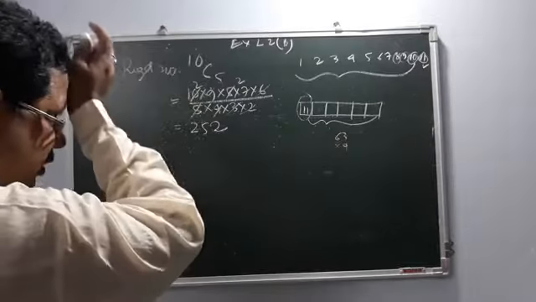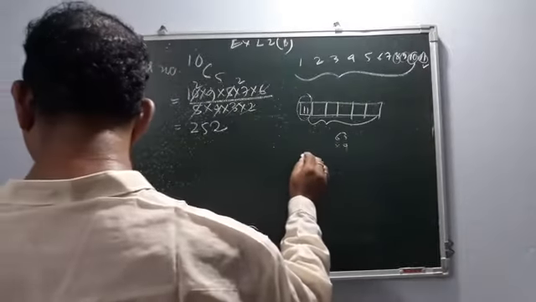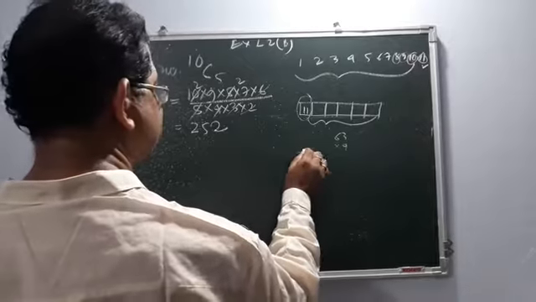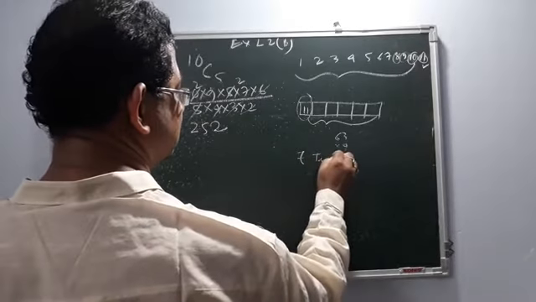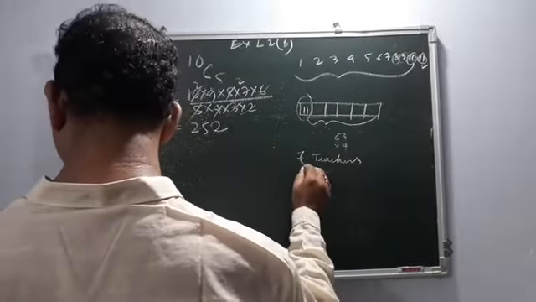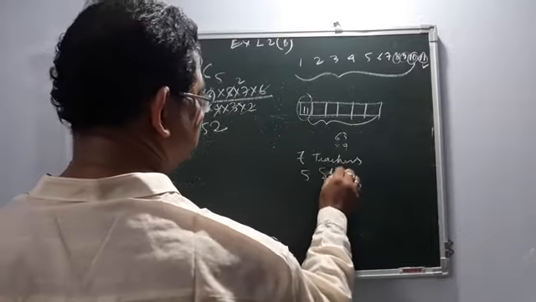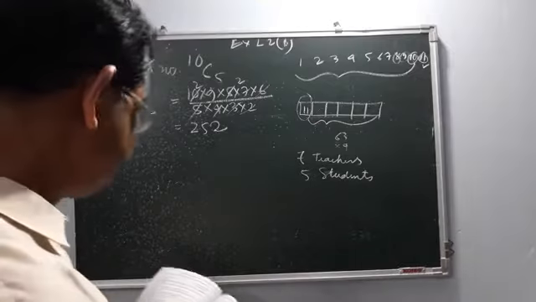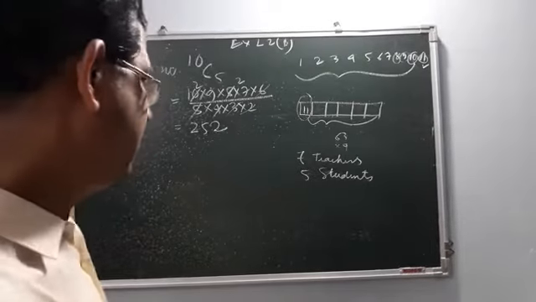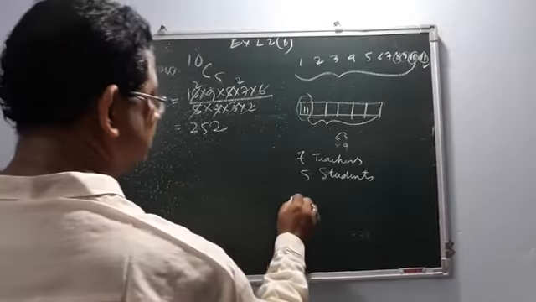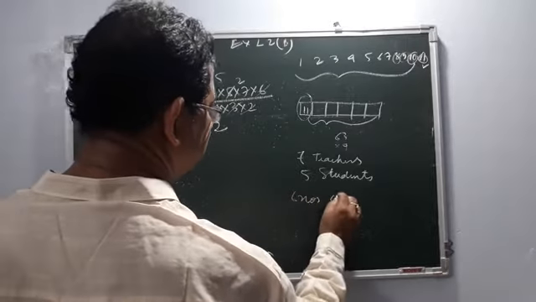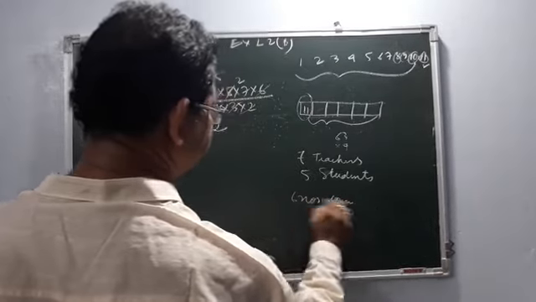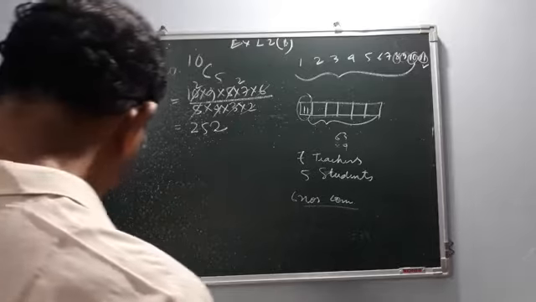So we can arrange this. Here the number of teachers is 7 and there are 5 students. A committee of 6 members we have to select.